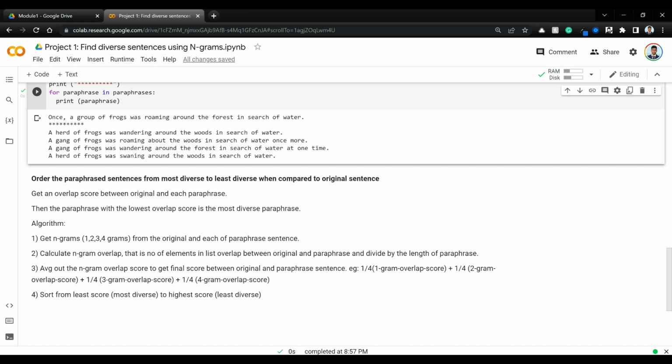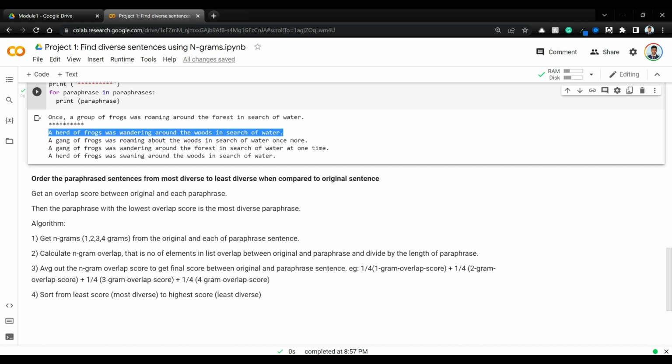Then all you need to do is find how many unigrams from this sentence overlap with the unigrams from the original sentence. In order to normalize this, you can find how many words overlap with the original sentence and divide by the total number of words in this sentence. That gives some kind of similarity score.